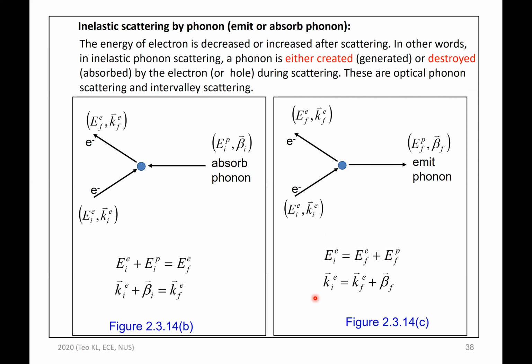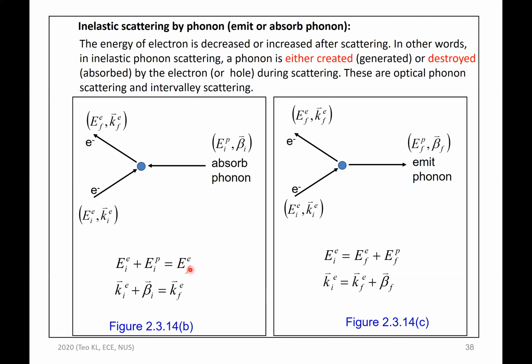And similarly for momentum, initial momentum equals the final momentum of the electron plus the final momentum of the phonon. So you can see that the energy of the electron is either increased or decreased, and is known as inelastic scattering.